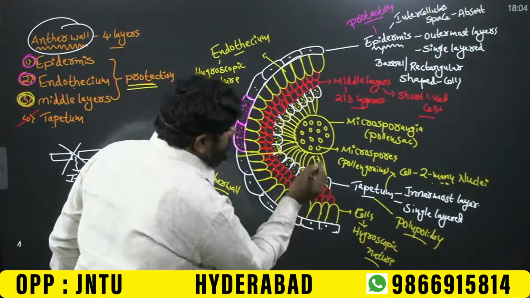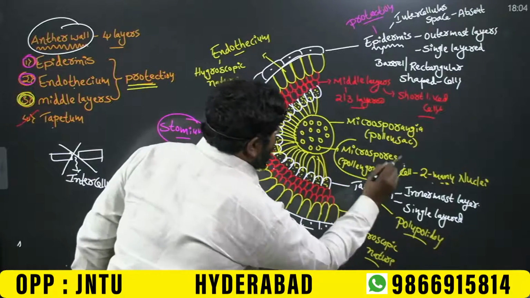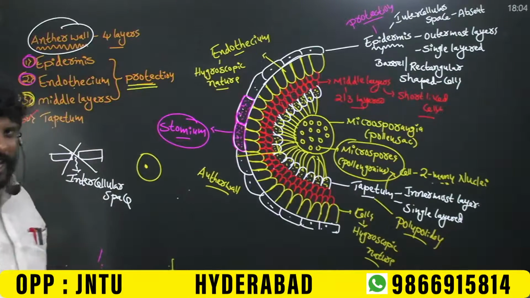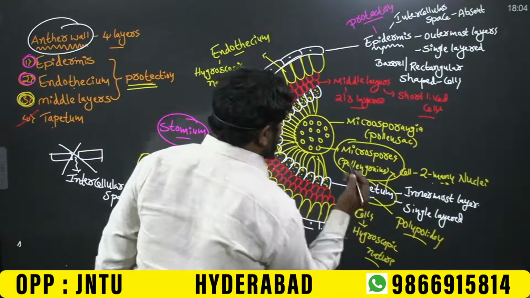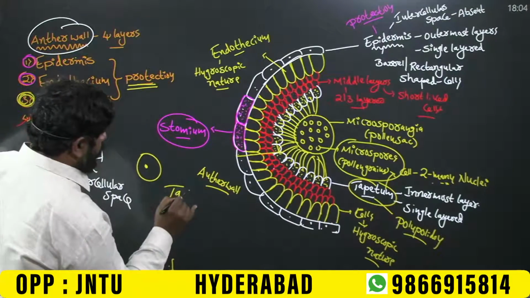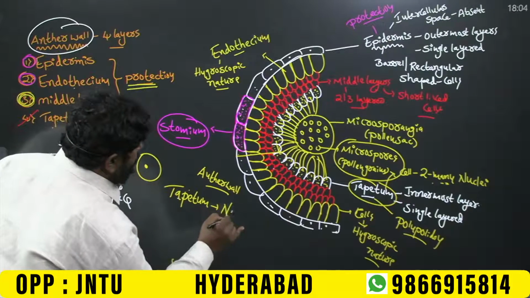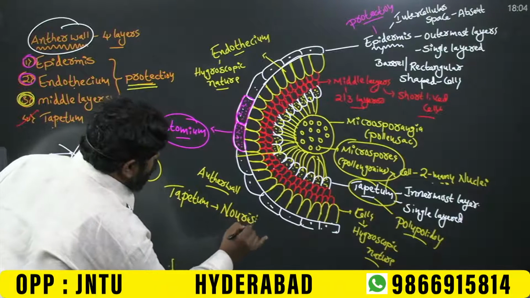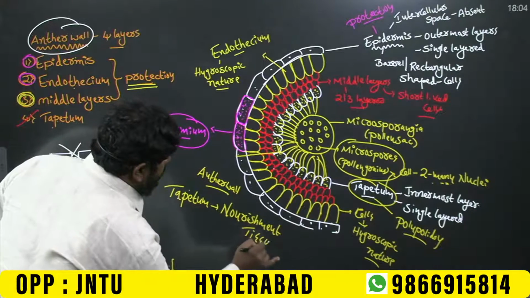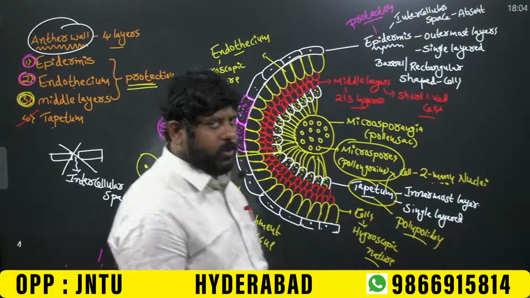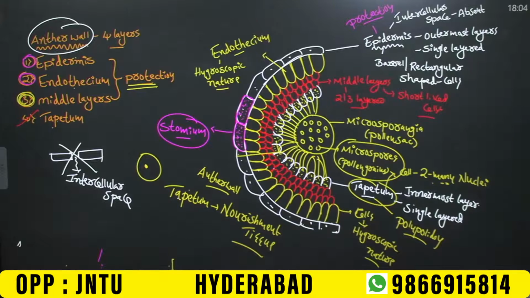What is the function of tapetum? This tapetum provides nourishment to the developing microspores. That's why tapetum is considered the nourishment tissue. It nourishes the developing microspores.